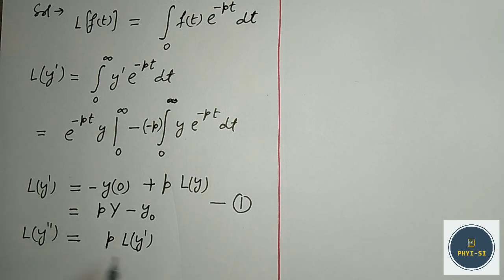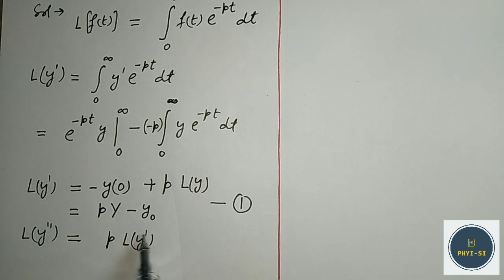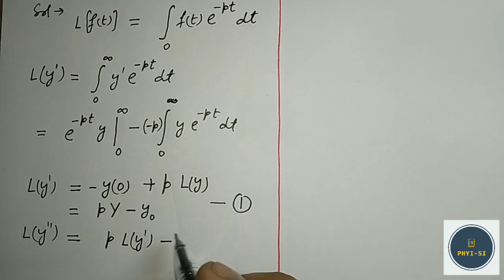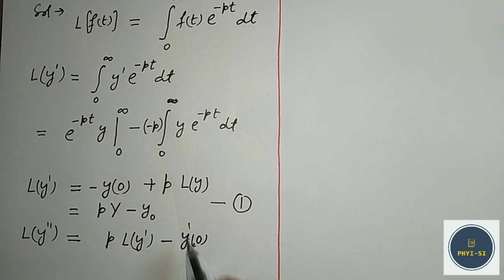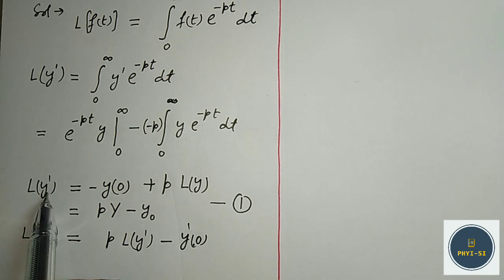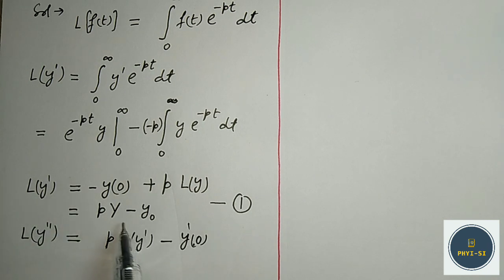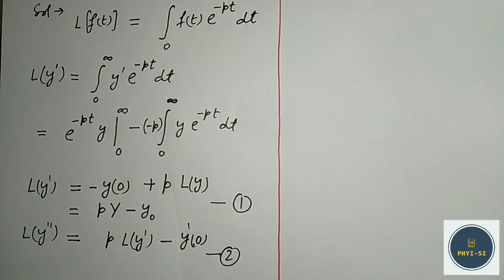Just put y dash in place of y, and it becomes y dash at 0. What I've done is I've just put y dash in place of y in the above equation. Let's say it is equation number 2.